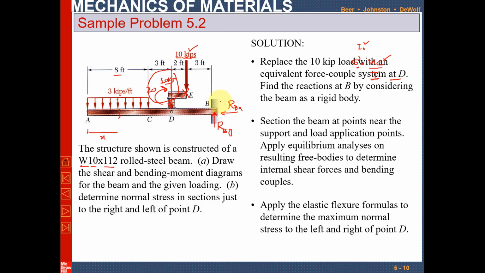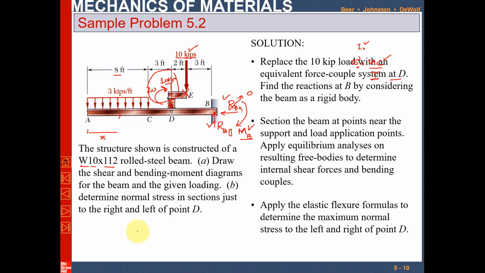And there will be a moment as well at the reaction point, that is MB. So you have to find RBX, RBY and MB by using the equilibrium condition. As there is no force in the X direction, RBX is equal to 0. So only the force in the vertical direction and the moment remain. You can calculate RB and MB by using the equilibrium condition.